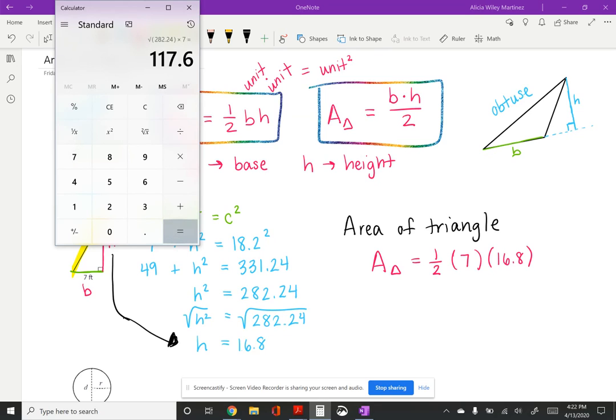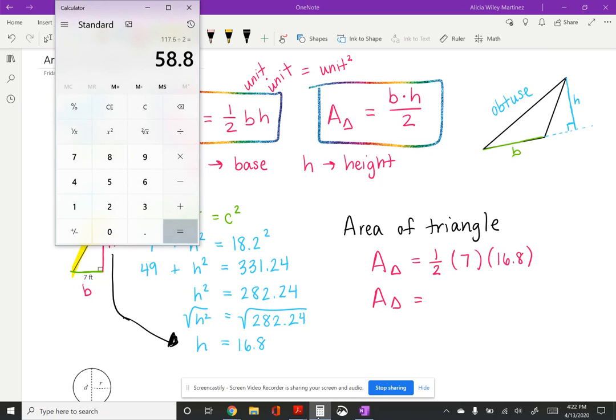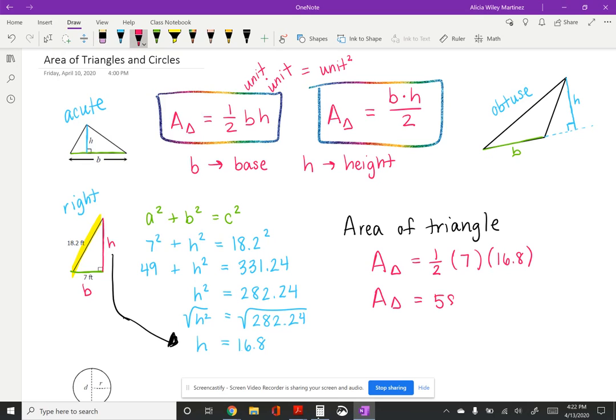And multiplying by 1/2 is the same as dividing by 2. So I get an area of 58.8. And it's feet, right? And remember, area is always units squared, so it's going to be feet squared. Don't forget to label your answer when labels or units of measure are given to you. So that's how you find the area of a triangle.